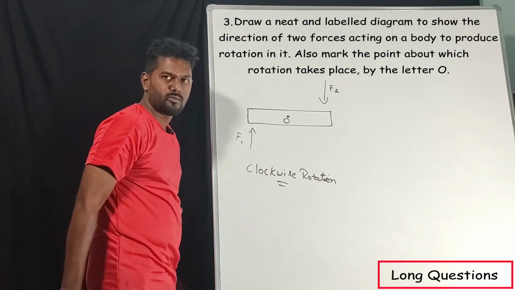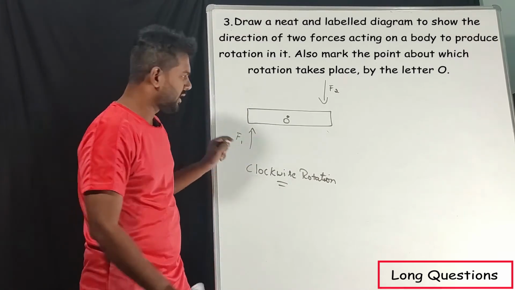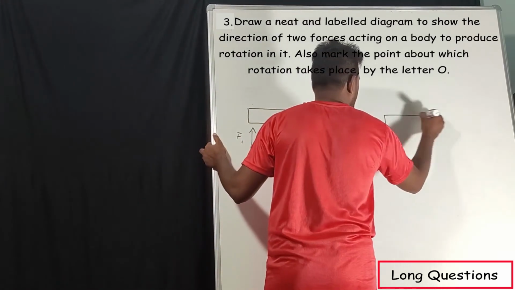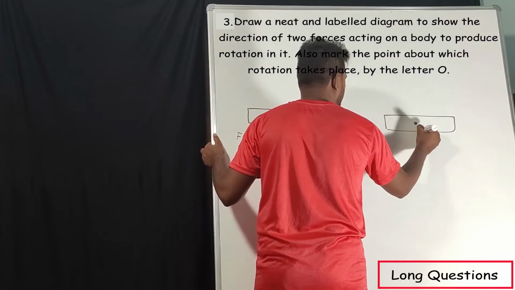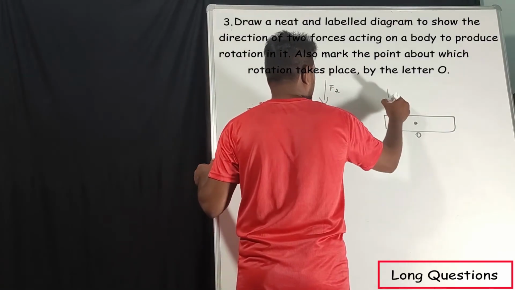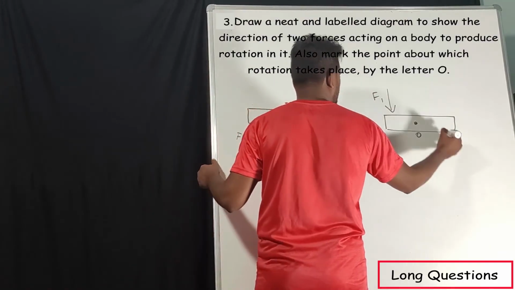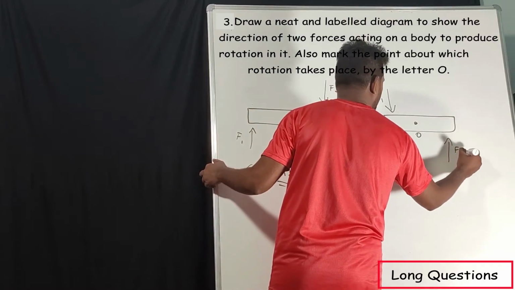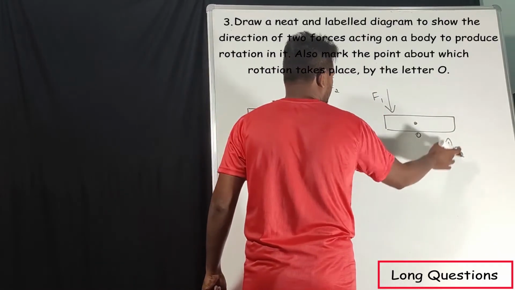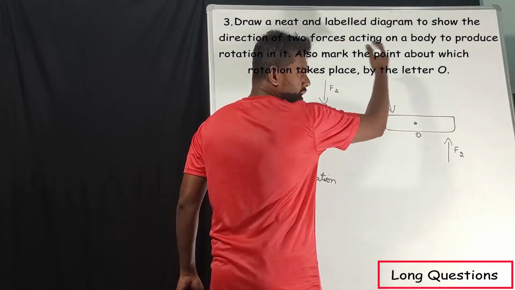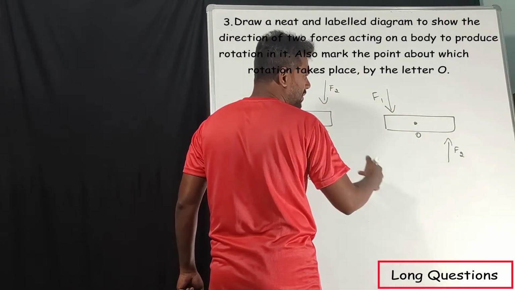This is enough. You can draw the same thing in a different way. There is an object at a pivot point O. Now here I am going to apply force F1, and here I am going to apply force F2. If you apply a force in this direction, then what will be the type of rotation?